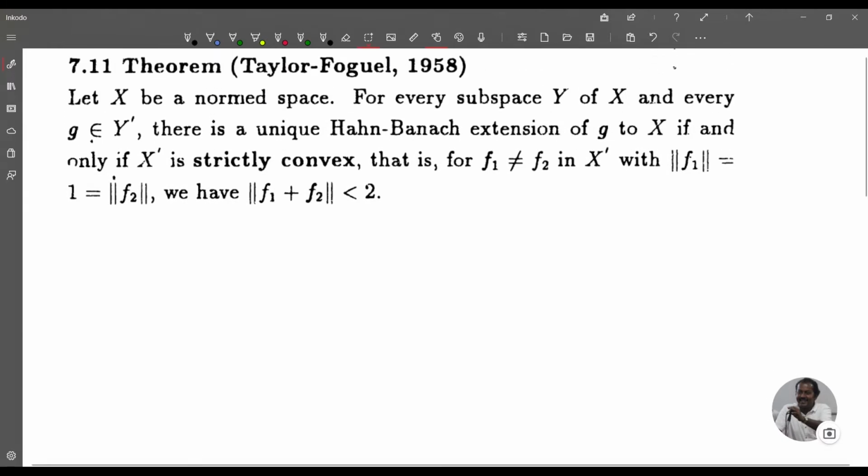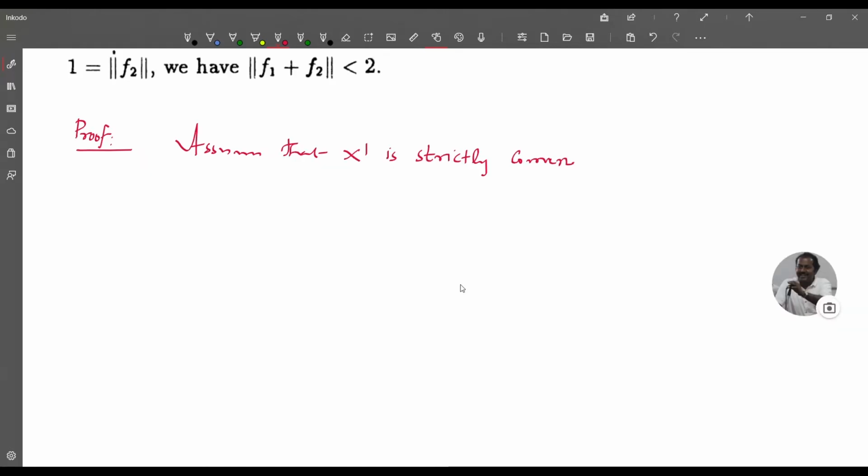First, assume that X dual is strictly convex. We are going to show that the extension is unique. So, proof. Assume that X dual is strictly convex. Let Y be a subspace of X and G belongs to Y dual.